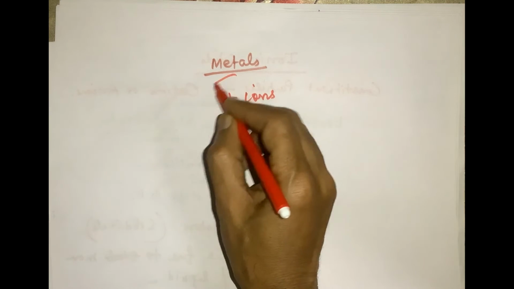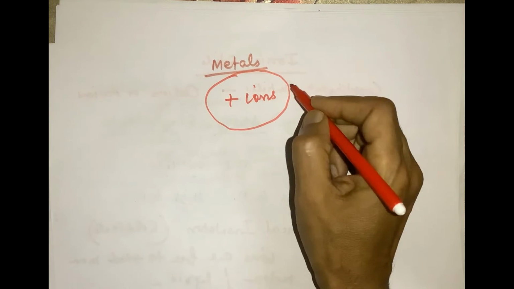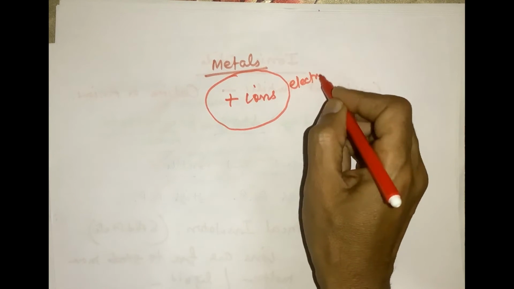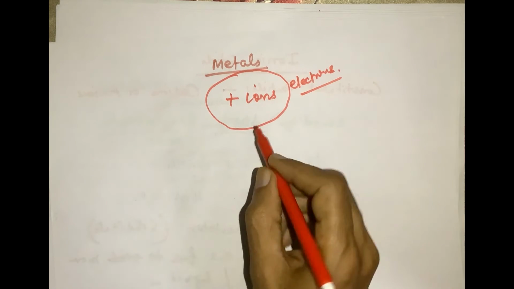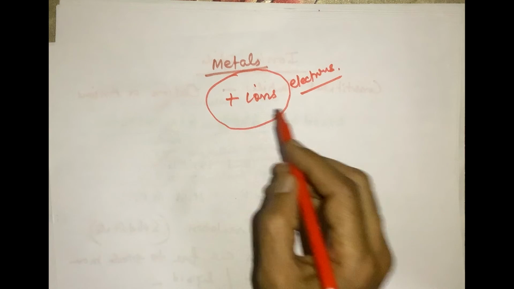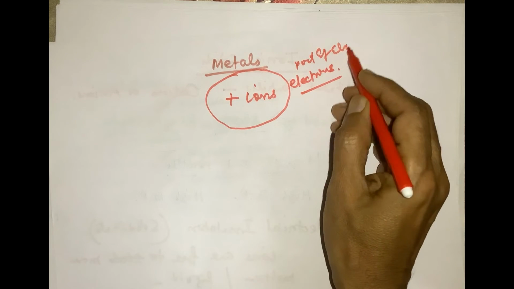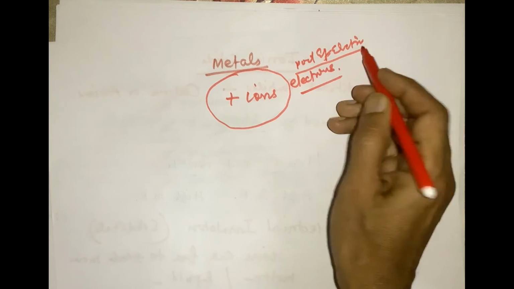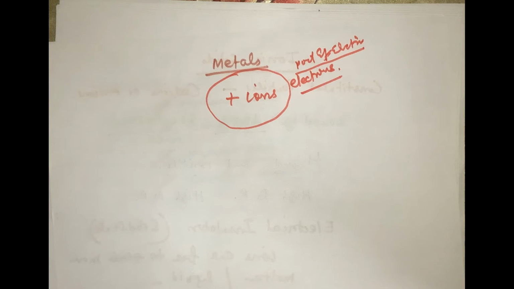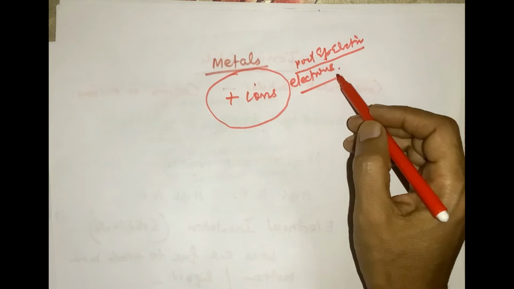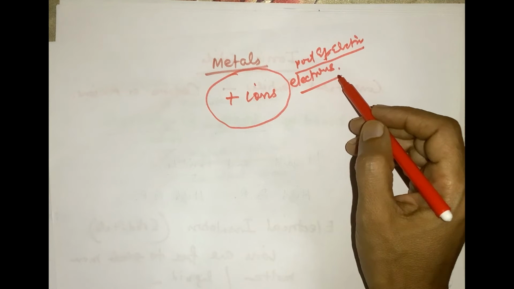They are surrounded by a pool of electrons. Each atom contributes to the pool of electrons according to its valency electrons. So the positive ions are surrounded by a pool of electrons.